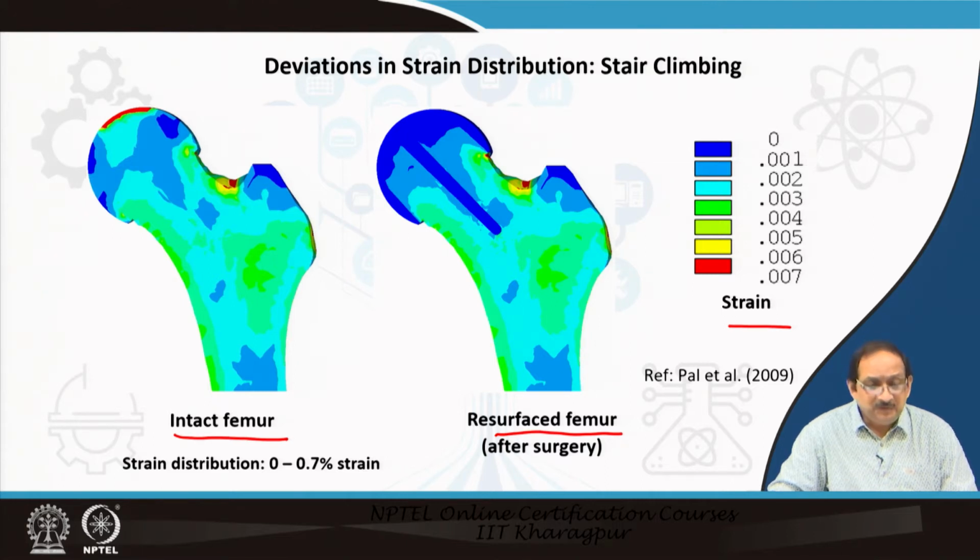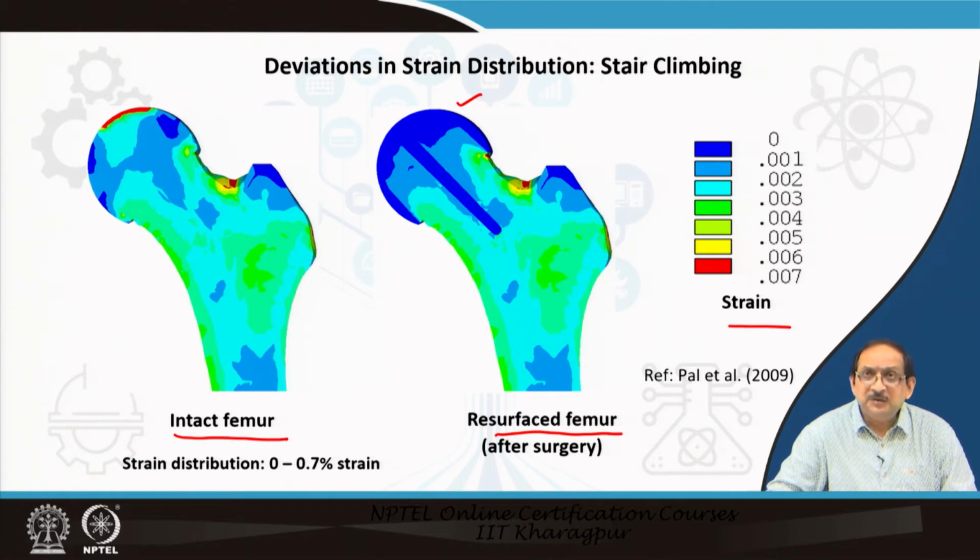Post-operatively, it is observed that there is substantial strain shielding, as indicated in the strain distribution figure. A reduction in strain of 20 to 70% as compared to the intact femur was observed inside the proximal femoral head of the resurfaced femur after surgery.